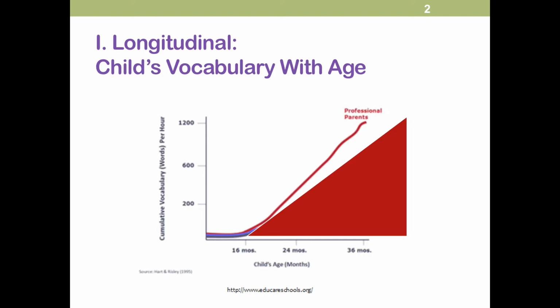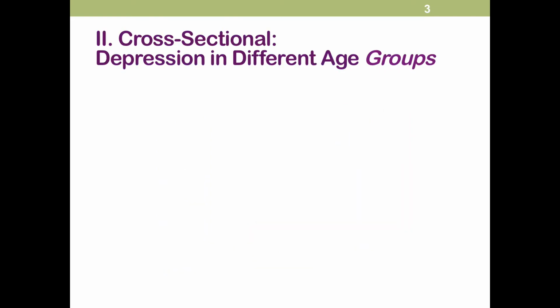What if you wanted to do it a different way, and you didn't want to wait for a child to be 1, 2, 3, 4, 10 years old and follow that child throughout time? Is there a different way of looking at age effects in acquiring language, or a different variable? Yes, there is. A cross-sectional study looks, again, at different groups of people all within the same point in time.